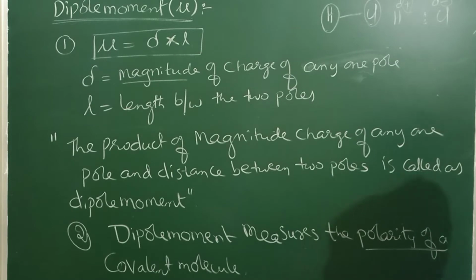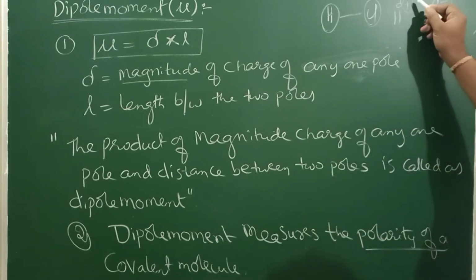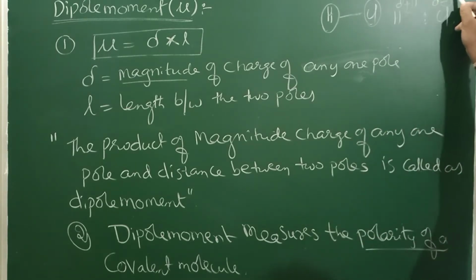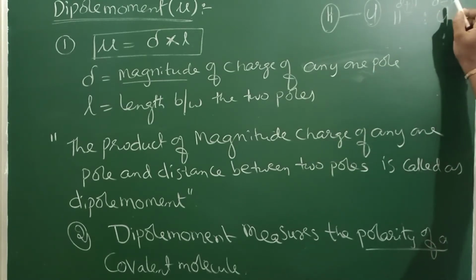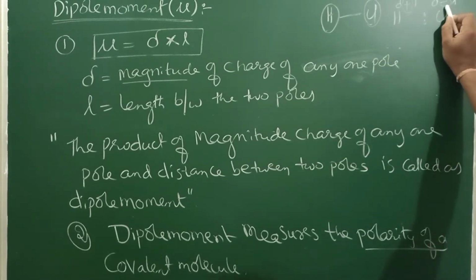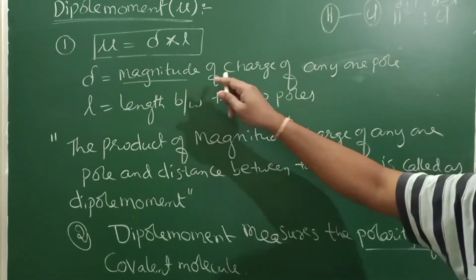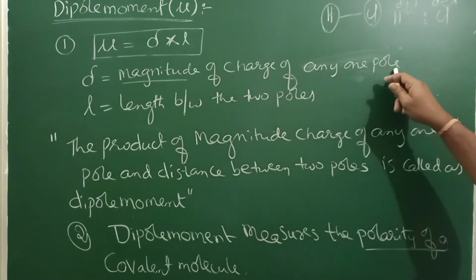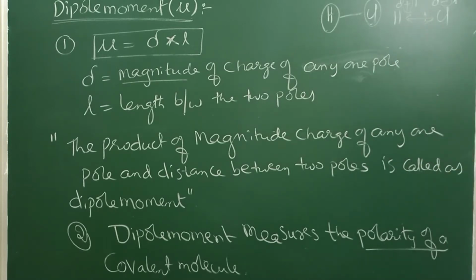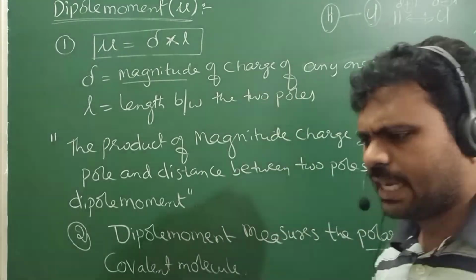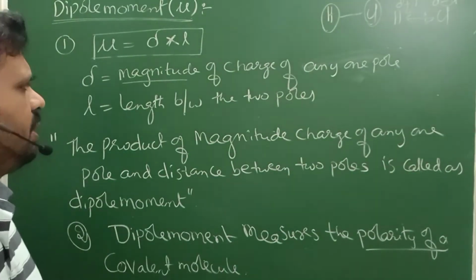These plus and minus are called charges, that is nothing but poles. Here it is plus 1 and minus 1. So what is the magnitude of this charge? It is 1 unit. So that is the magnitude of charge of any one pole, and the distance between the two poles is called length, so L is equal to length.